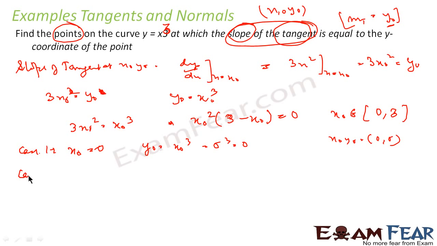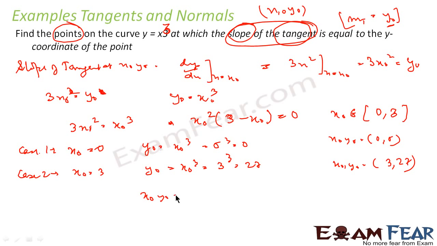Second case, my x naught is equal to 3, y naught is nothing but x naught cube, that is 3 cube, that is 27. So here my x naught, y naught will be x is equal to 3 and y is equal to 27.